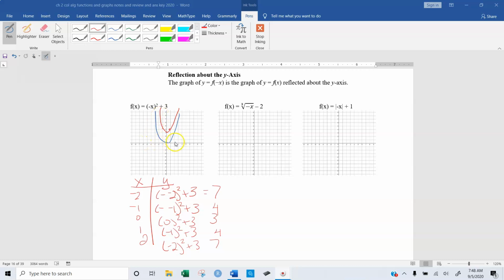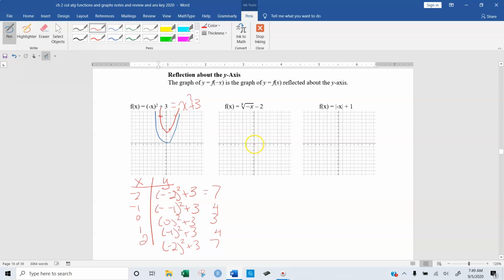Well, if I plug in the 2, I also get 7. Technically, these things are reflecting over here. It's moving them over this direction, but the points are identical on each side because a parabola is symmetrical. So you cannot see the reflection because this technically is identical to x squared plus 3. There's no difference.